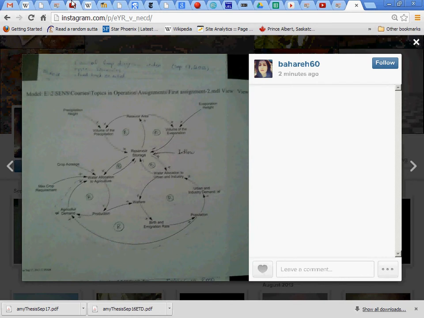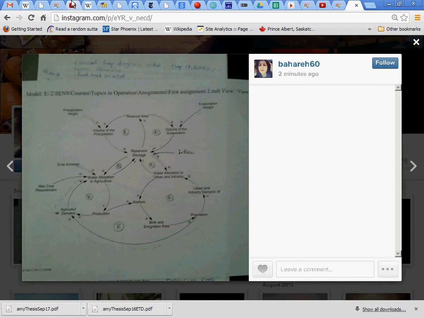And then we have urban and industry water demand. So the more population, the more water demand, and therefore the more they're going to push for allocation of resources.